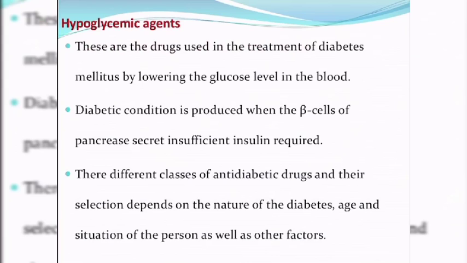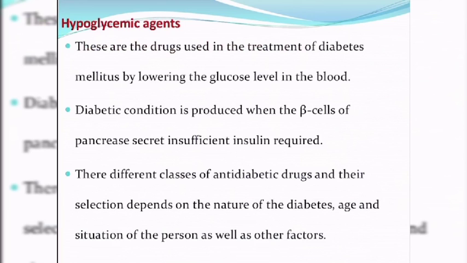This is because of abnormal insulin levels and is classified as type 2 diabetes mellitus. Usually type 1 diabetes is treated with insulin or insulin variants, but type 2 diabetes is treated with non-insulin anti-diabetic agents.